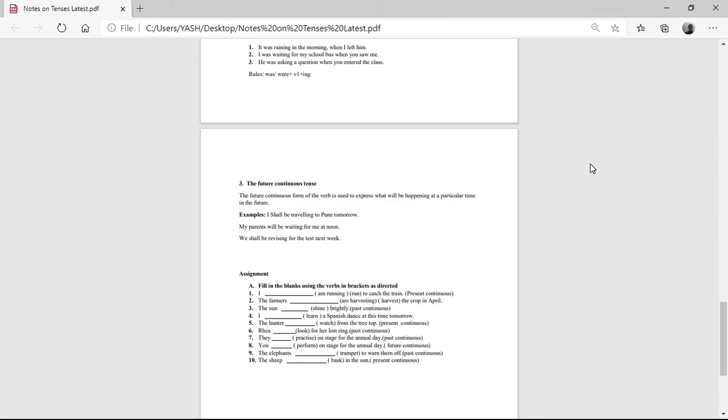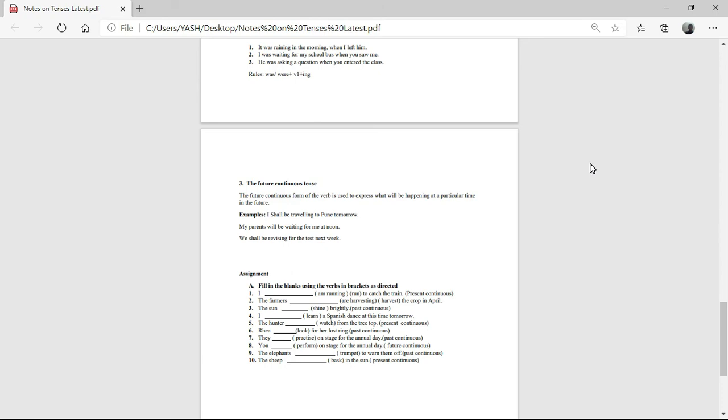Structure, rules are there: subject plus verb first form plus s or es plus object. With subjects like I, we, you, they, we will be using the verb without s. With he, she, it, we will be using the s form.